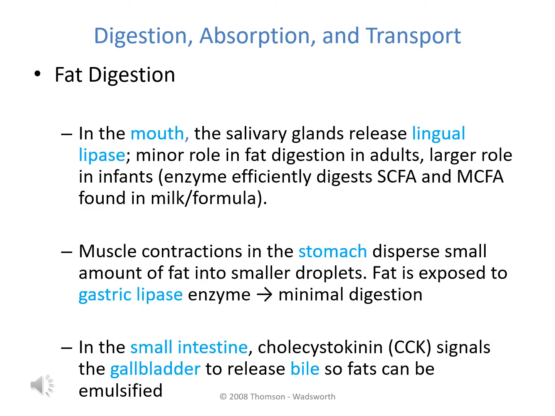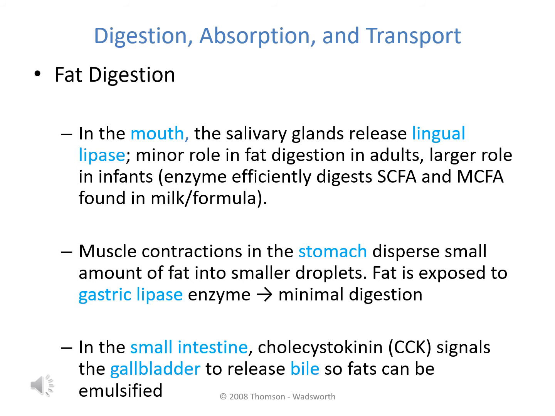Let's start once again at the beginning of the GI tract. What happens to fat in your mouth, the entry point of our GI tract? Well, not too much. There is an enzyme which is produced by our salivary glands, which is known as lingual lipase. In adults, however, it plays a very insignificant role in fat digestion.